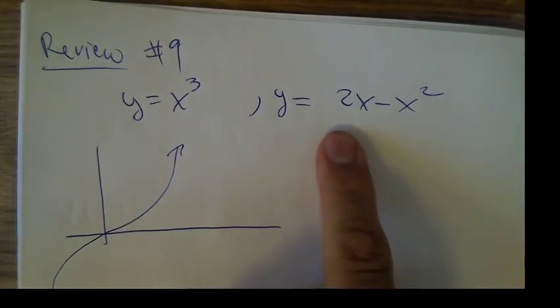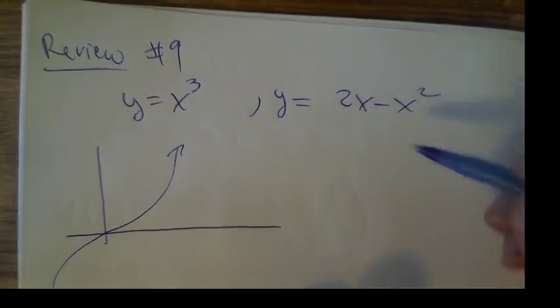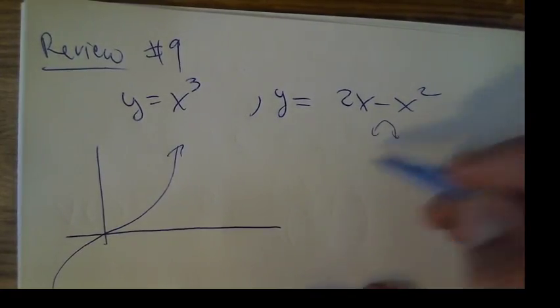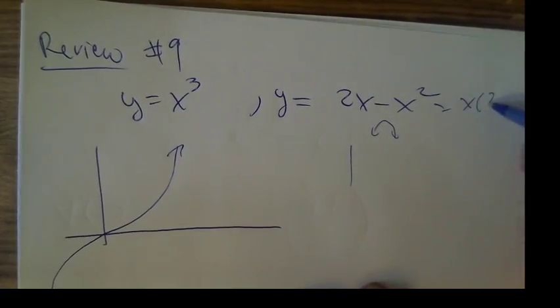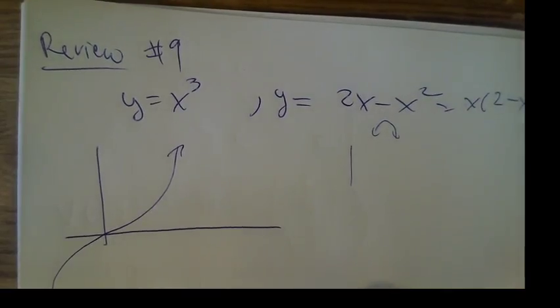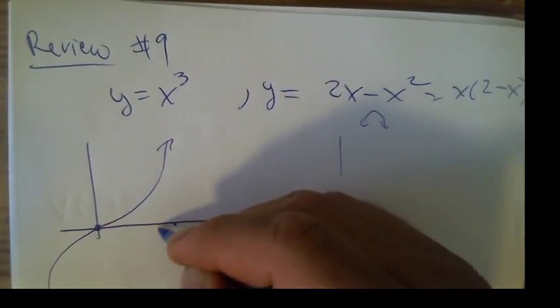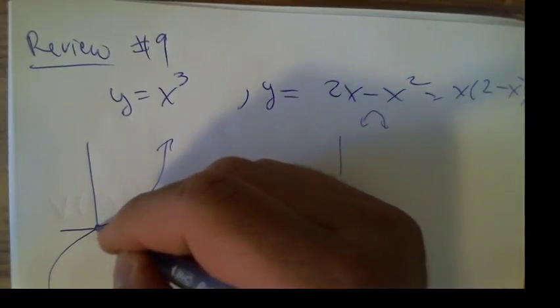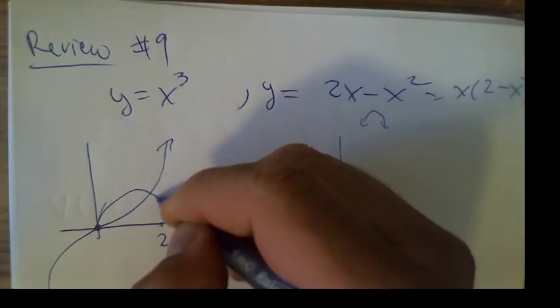Now this other one is a parabola pointed downwards, and it crosses the x-axis. Doing some factoring here, it crosses the x-axis at 0, and then at 2. So it looks something like this, more or less.